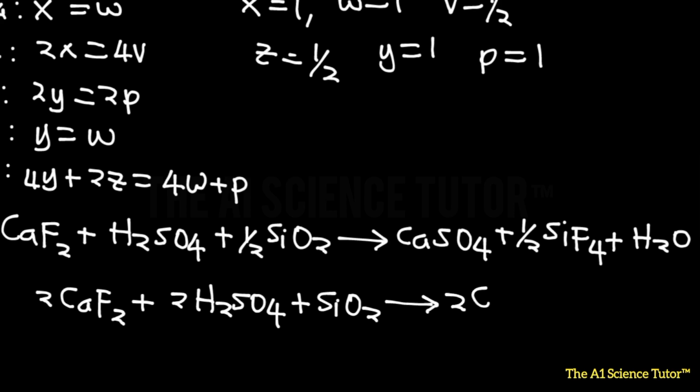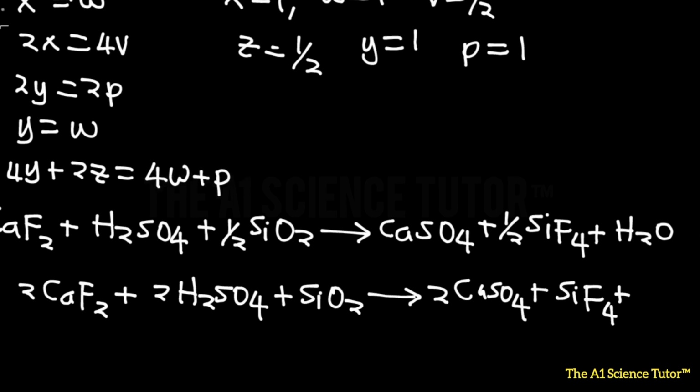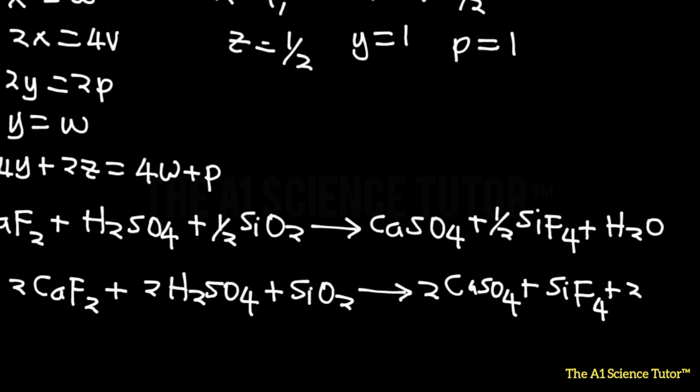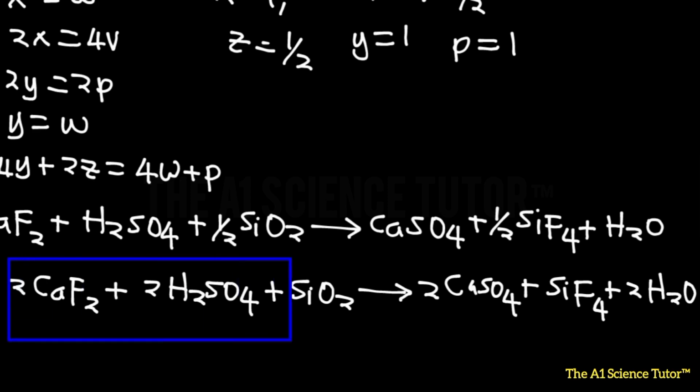Here we're going to have 2 calcium sulfate. Here we're going to have silicon fluoride. And here we're going to have 2 moles of water. So this is going to be the answer to the question, this one.